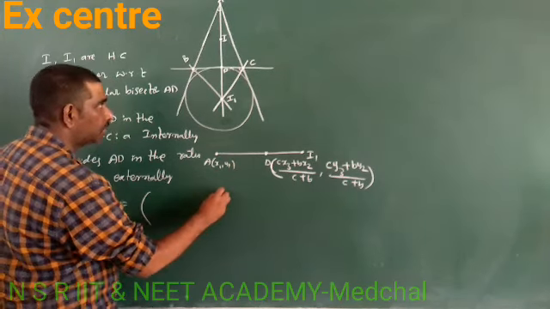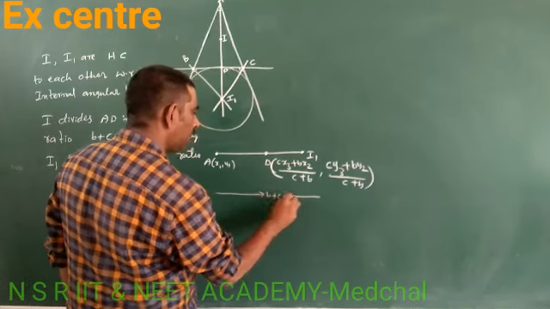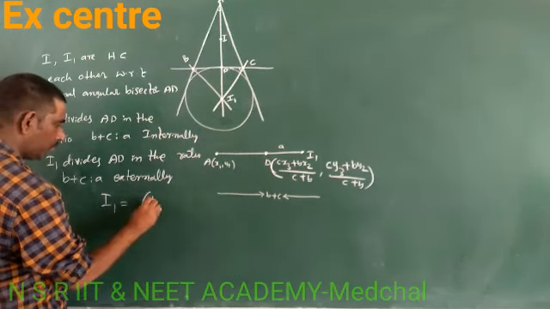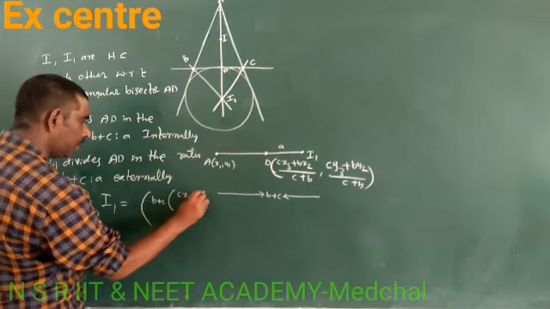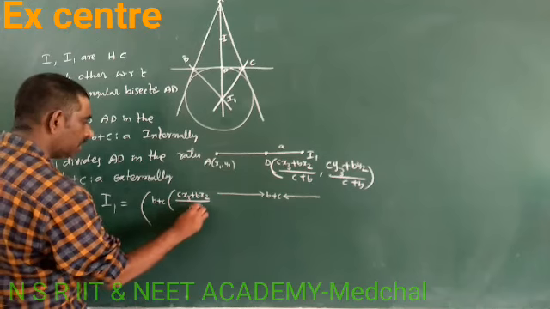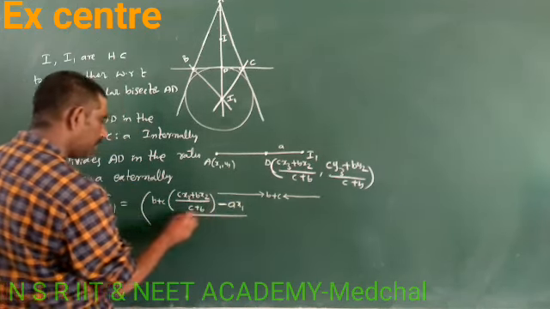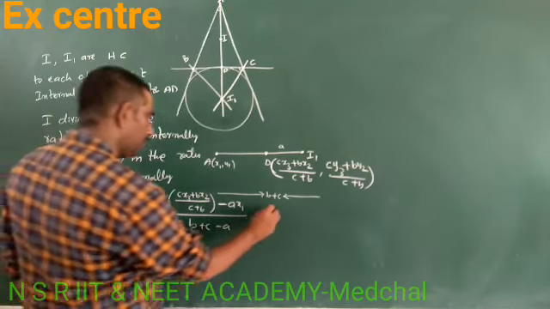What is the ratio? B plus C and A. So I1 equals (B plus C) into (C x3 plus B x2) by (C plus B) minus A into x1, by B plus C minus A. Similarly for y.